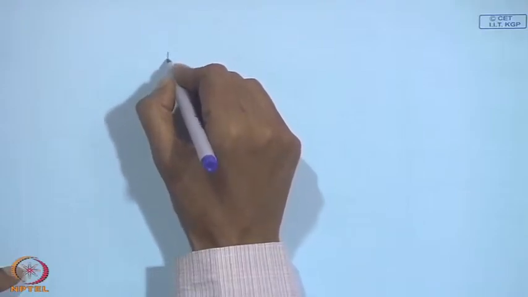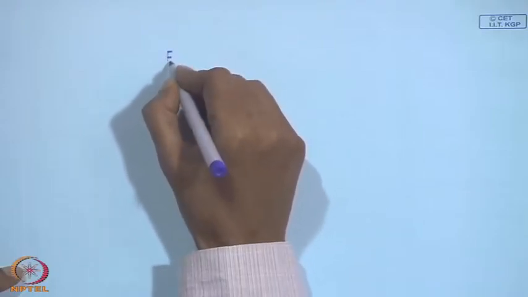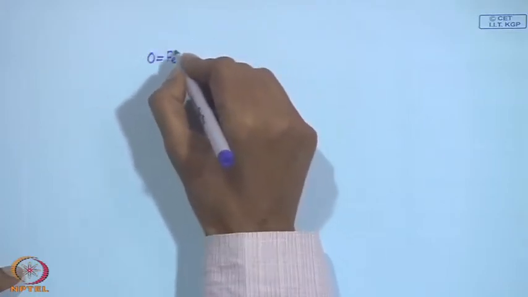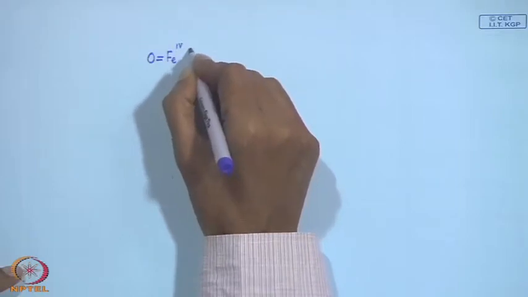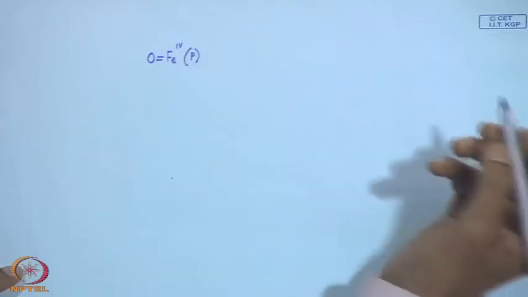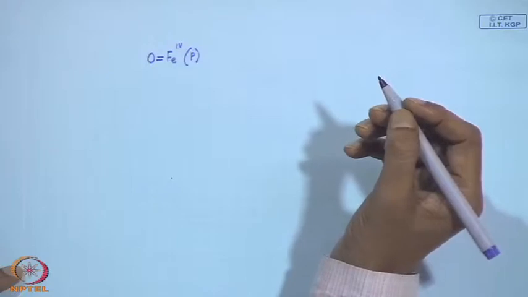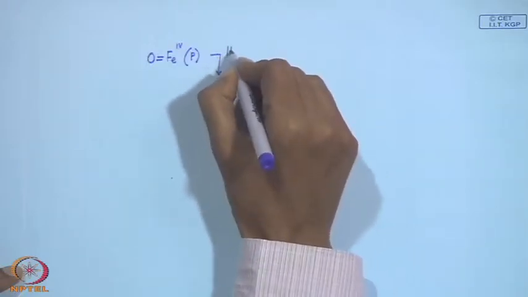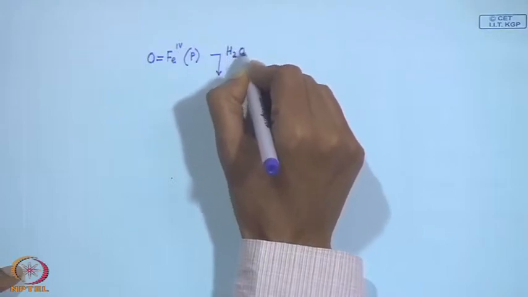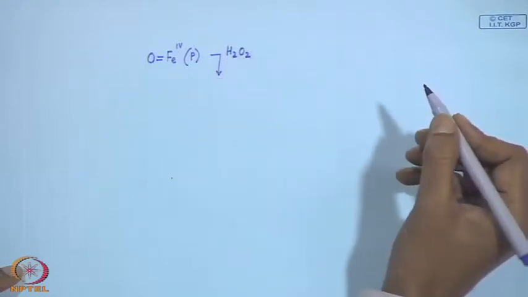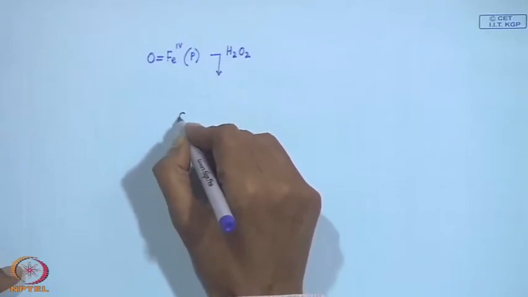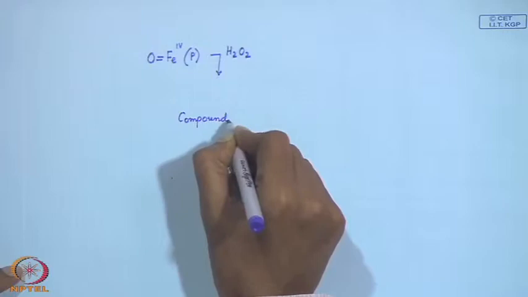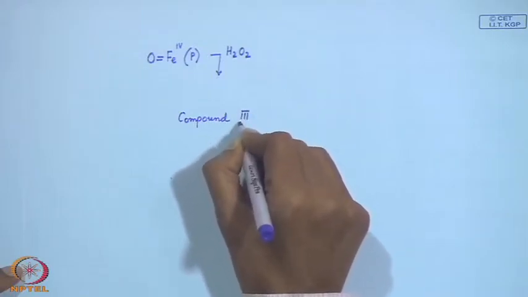is allowed to react with another molecule of hydrogen peroxide. So, it is plus 4, compound 2, which we react with H2O2, we get compound 3.